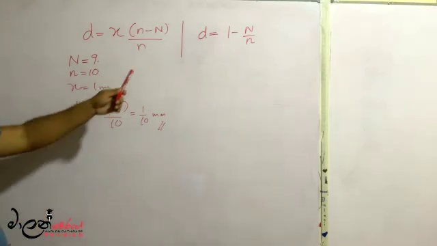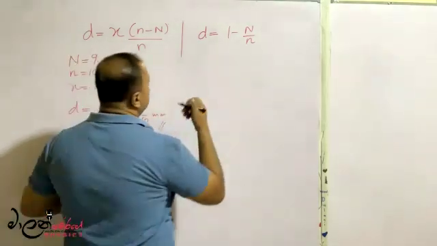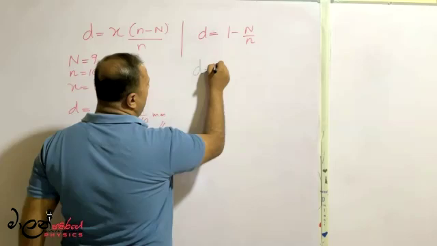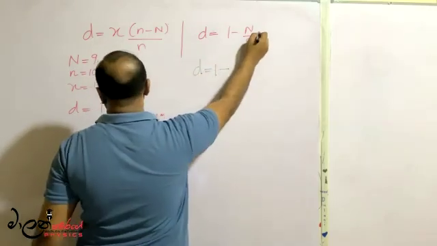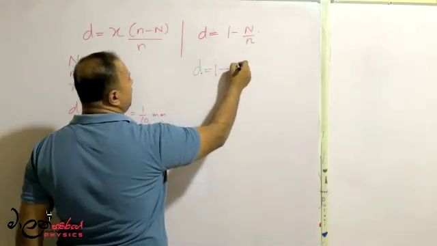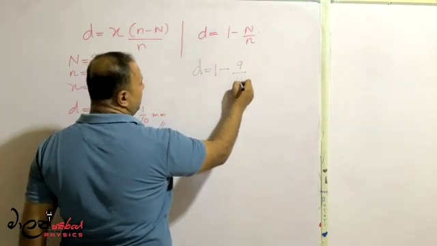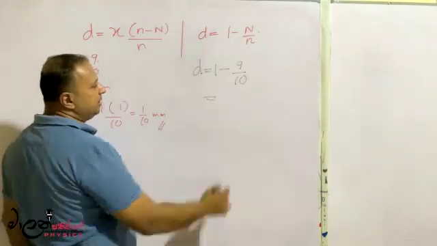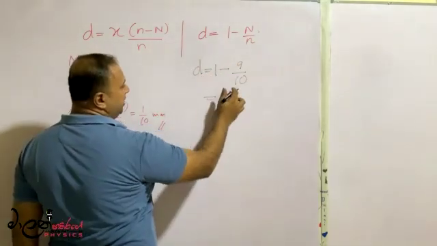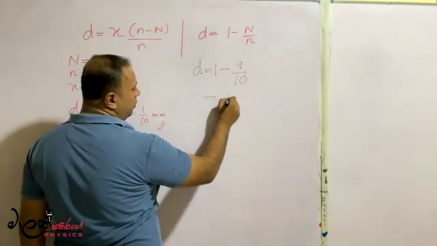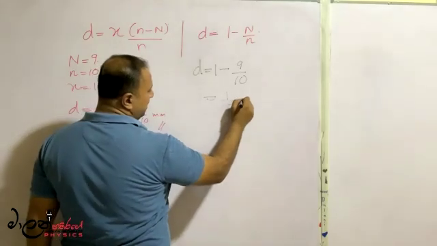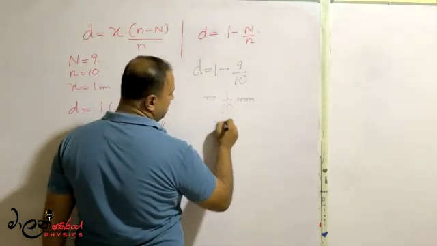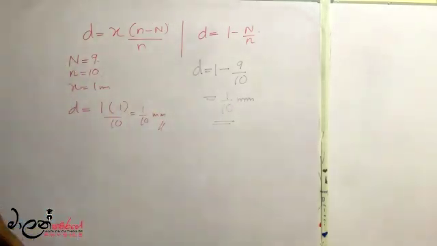So if we use this equation, D is equal to 1 minus capital N is 9, simple n is 10, so 1 minus 9 over 10, that is 1 over 10 millimeters.